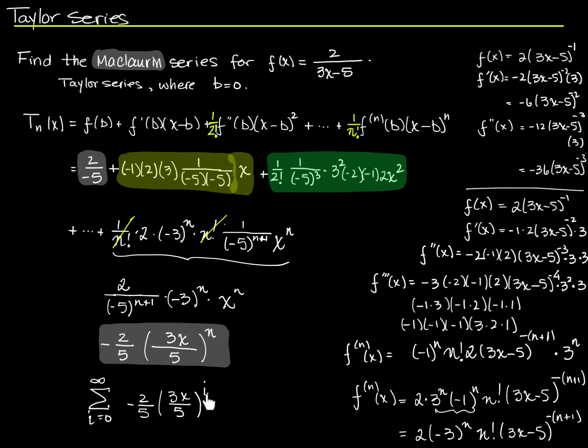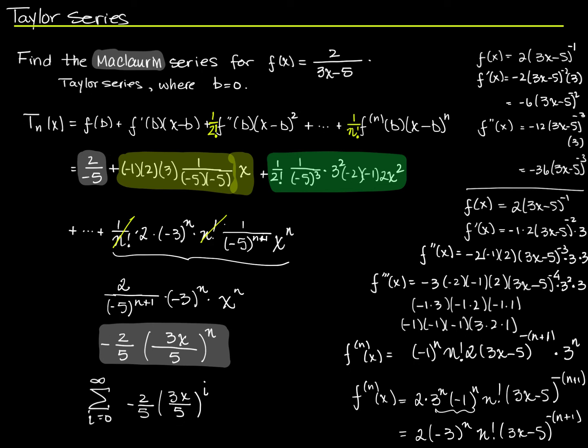Now, when i is 0, I get stuff to the 0th power is 1. 1 times negative 2/5 is negative 2/5. When i is 1, I get negative 2/5 times 3/5 x.